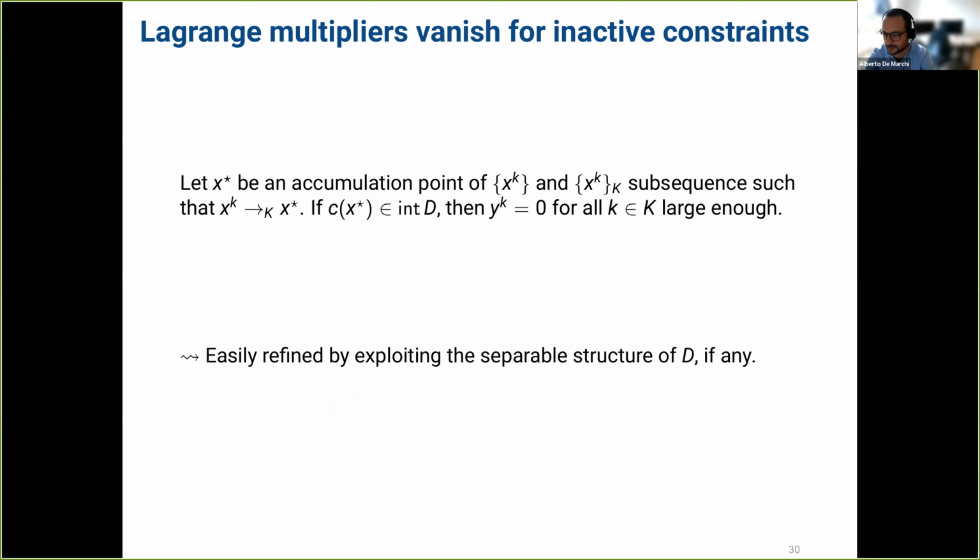You mean you're talking about this result? Yeah, about the convergence one, where you need to satisfy some constraint qualification, something that you require at C(x*). Yeah, this one.